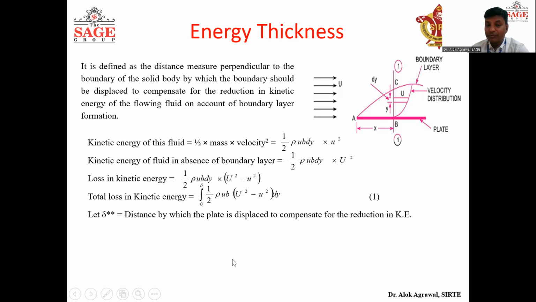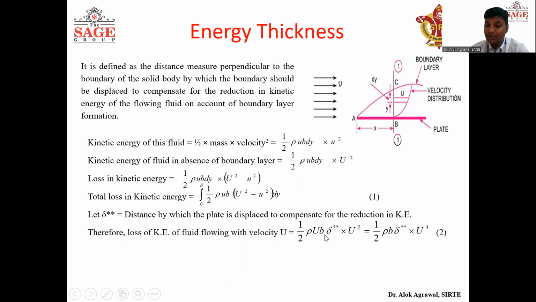So in that case, what will be the kinetic energy? It will be half rho u b into delta double star. Again, only the area changes: b into delta star in the first case for displacement, b into theta for momentum, and here b into delta double star, because we are considering energy thickness, and this will be multiplied by U squared.